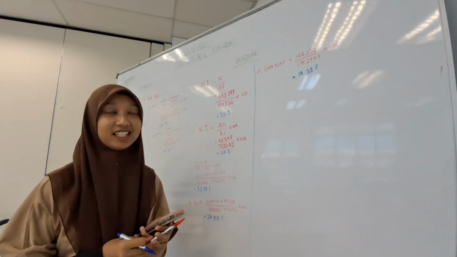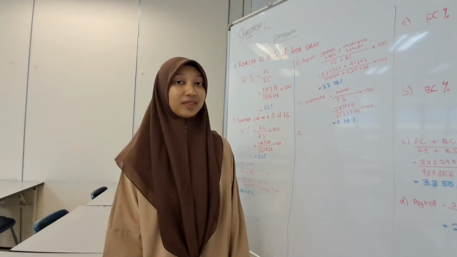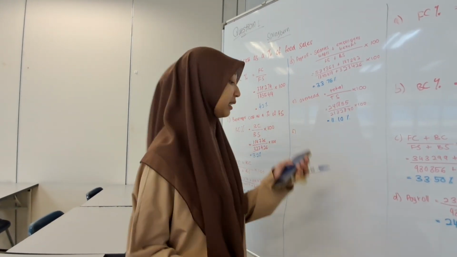So the answer is 14.23% for cost overhead. For question F, we need to find a prime cost.